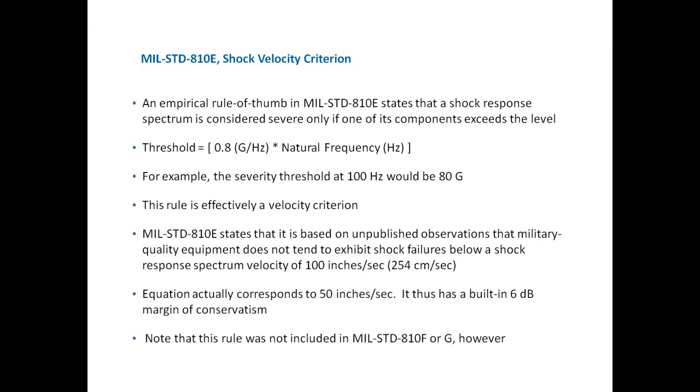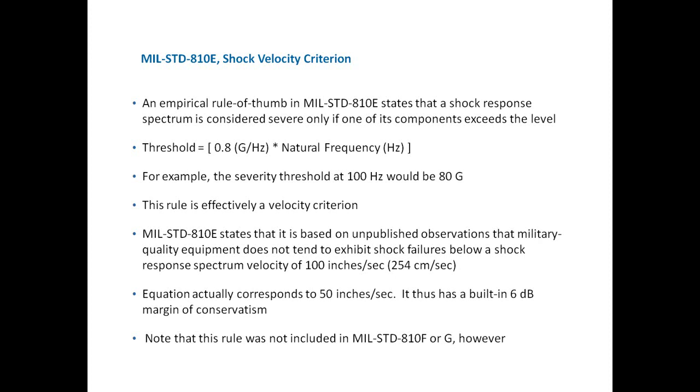So let's say, for example, we had 100 hertz natural frequency. That was the natural frequency of our component. The severity threshold would be 80 Gs. And this rule is effectively a velocity criterion. The Mil Standard Rev E stated that it is based on unpublished observations that military quality equipment does not tend to exhibit shock failures below a shock response spectrum velocity of 100 inches per second.